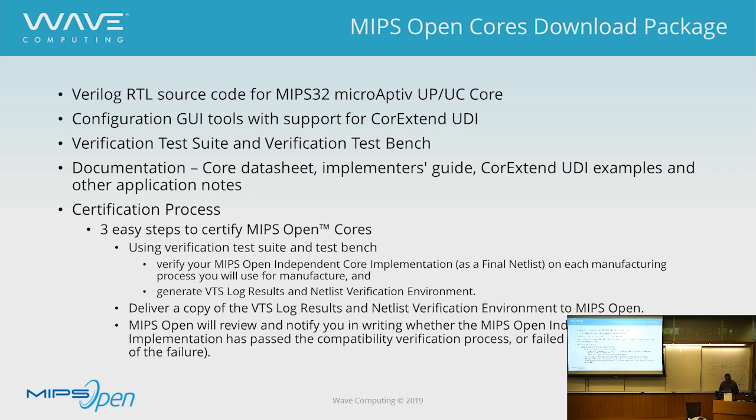It also includes the configuration tools, and UDI, the user-defined instruction, which gives you the flexibility to add your own instructions. We provide enough documentation and examples for you to do a full-fledged system on chip that will not only have the MIPS instructions, but that you can also enhance with your own instructions.